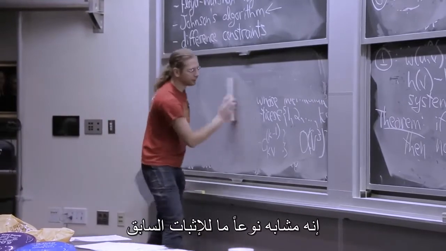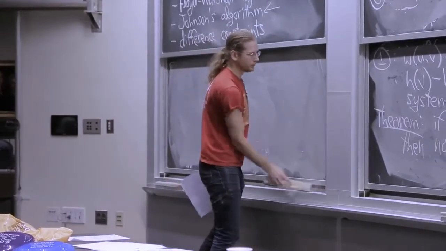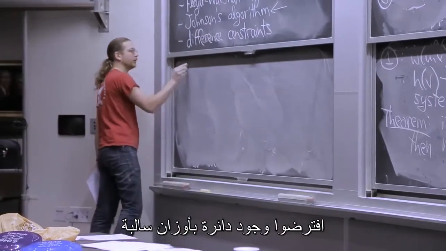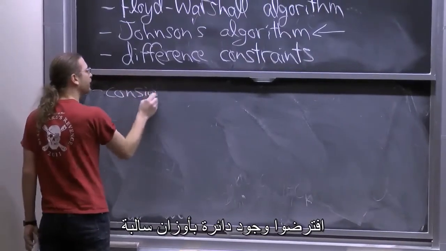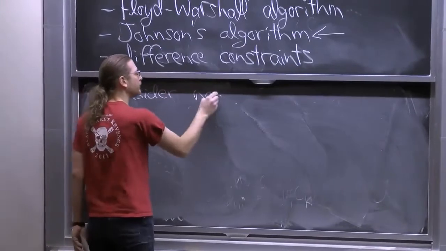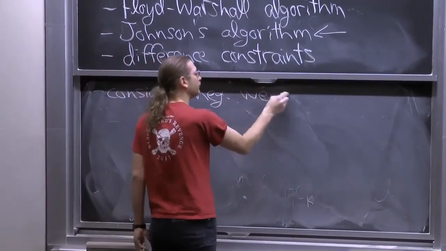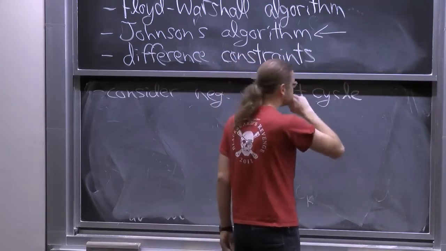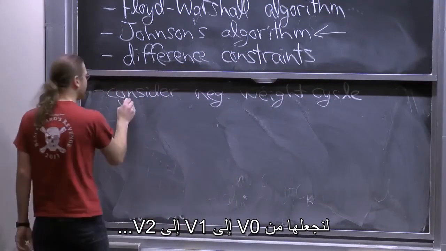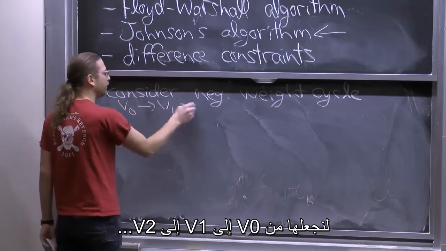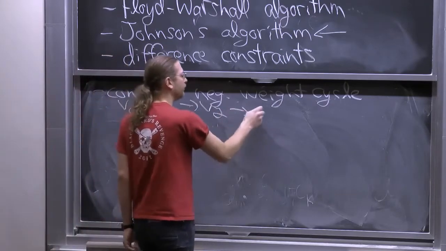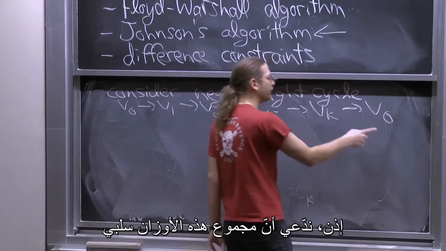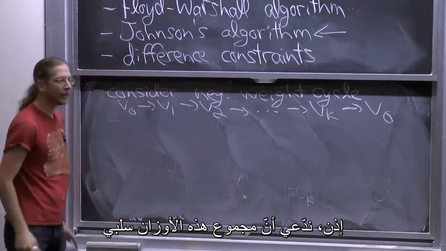Kind of similar to the last one, actually. So consider a negative weight cycle. Let's call it V0 to V1 to V2 to Vk back to V0. So this claim is the sum of these weights is negative.